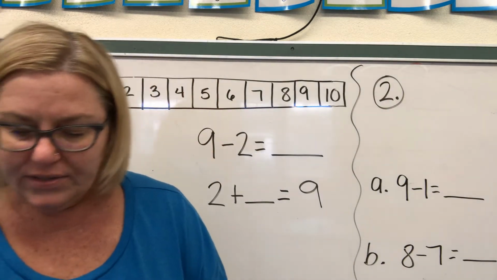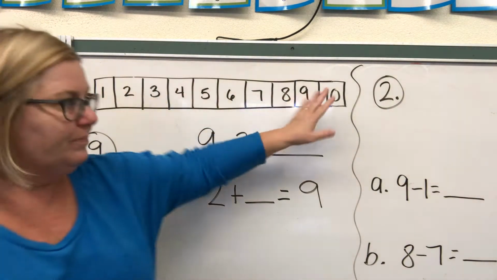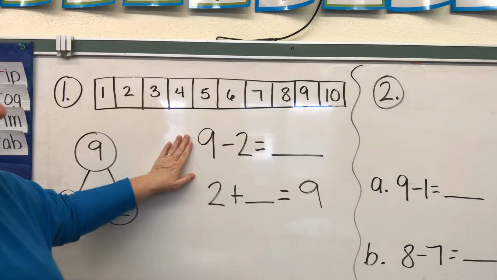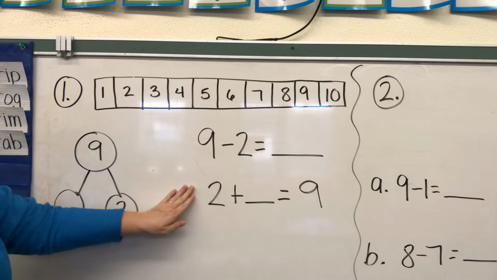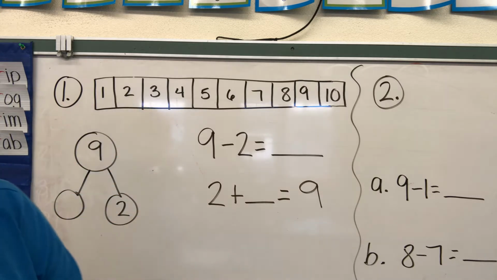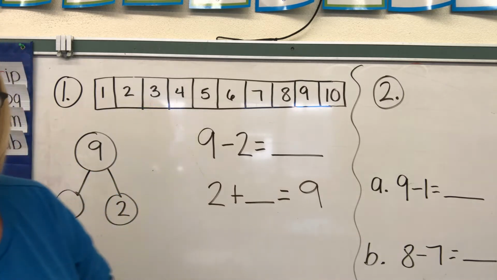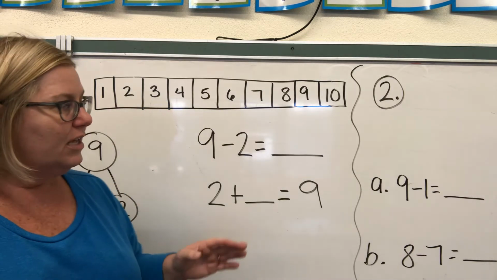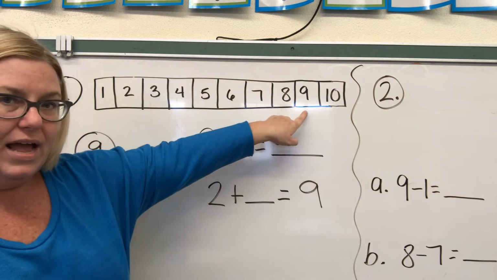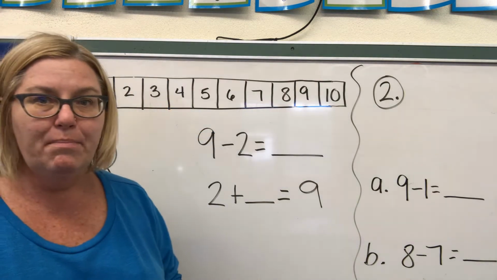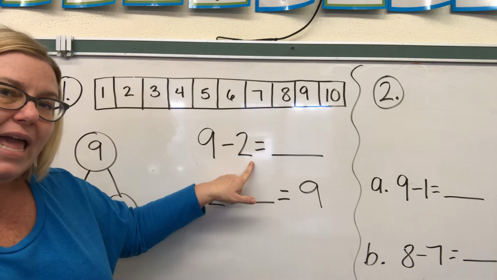So we're going to use this number path right here to help us fill out our number bond, solve the subtraction and the addition, right? Now, I can count backwards by starting at 9, which is right here, and hopping back 2 times.